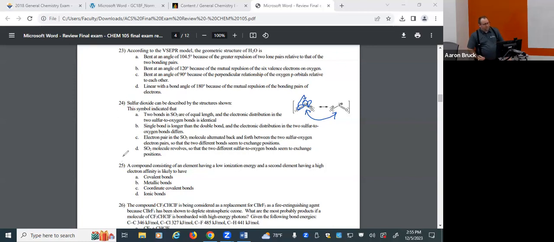Well, letter D, the sulfur dioxide molecule revolves. And so the sulfur to oxygen bonds seem to exchange positions. Well, that'd be really easy to figure out as well. Because if all that the molecule is doing is rotating, well, that means that it's still a double bond on one side and a single bond on the other.